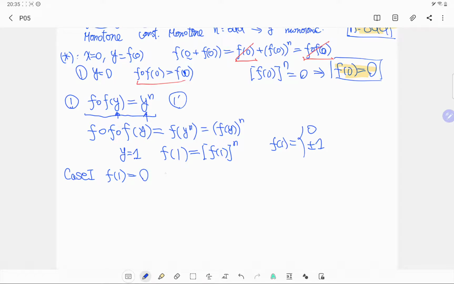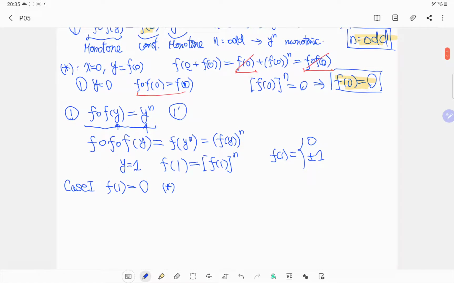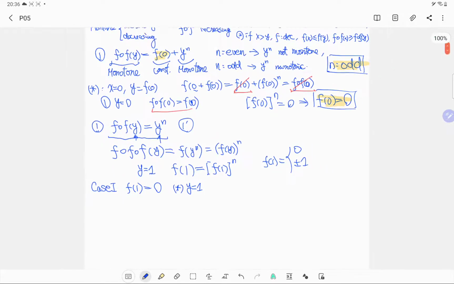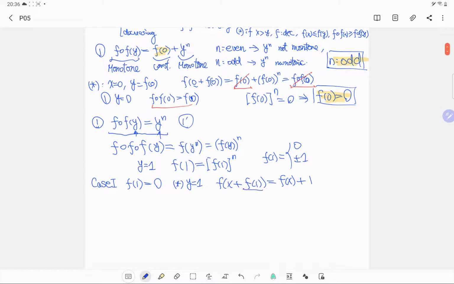In this case, in the star equation, we plug in y equals 1. So we have f of x plus f of 1 equals f of x plus 1 to the nth power, which is 1. f of 1 is 0, which means the left side will be f of x.